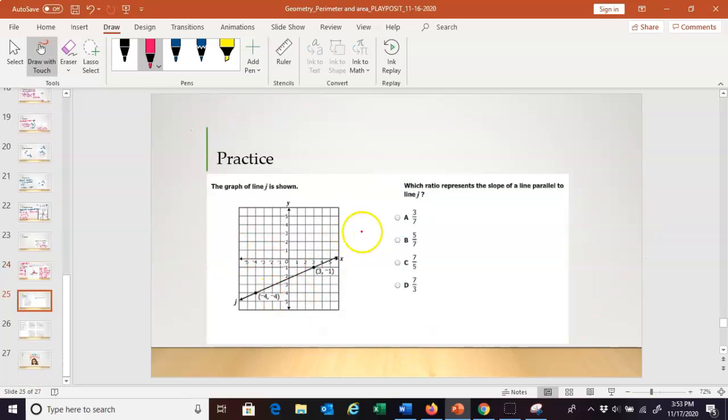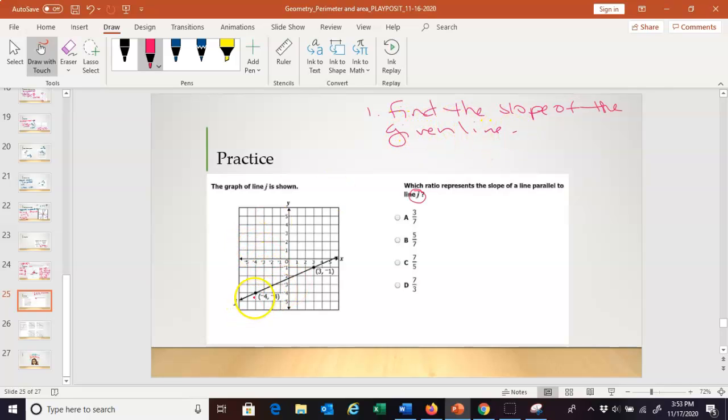That was fun. Here's our practice. Which ratio, remember a ratio is just a fraction, represents the slope of a line parallel to line J? So they give you a line, and they want a slope parallel to it. So step 1 is going to be to find the slope of the given line.